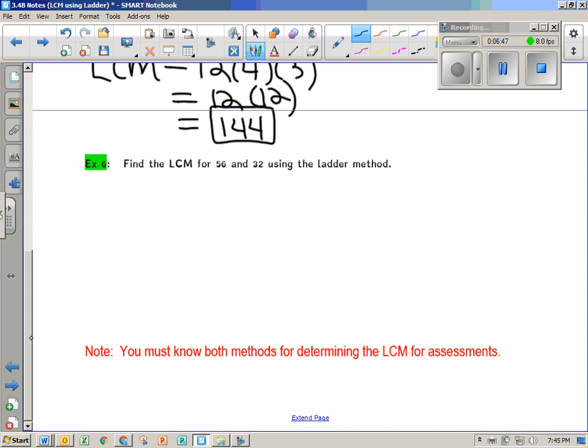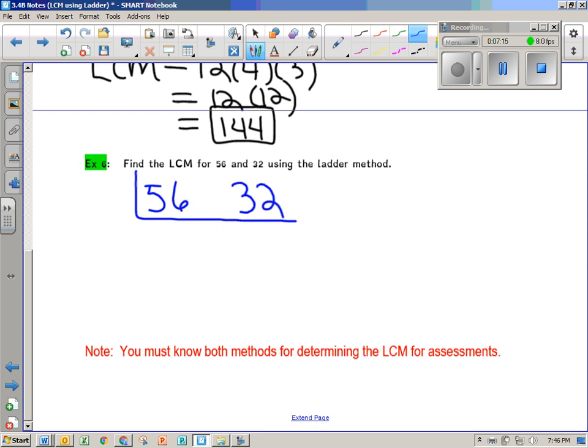Let's try 56 and 32. You might practice thinking about GCF so that you don't do it that way. GCF for 56 and 32, I believe, would be 8. Well, let's make our ladder. The beauty of the ladder method is that it's the same exact work for LCM or GCF.